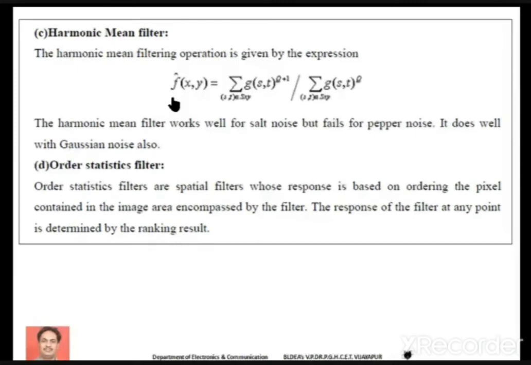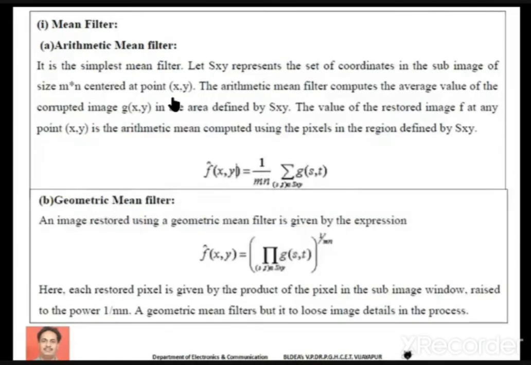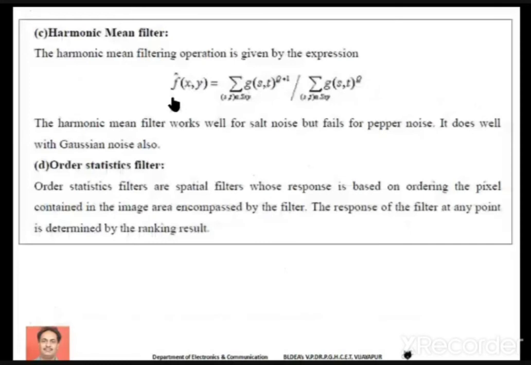So here we have mean filters. There are three types: the arithmetic mean filter, where we take the simple mean, then the geometric mean filter, and the third one is the harmonic mean filter. Apart from these mean filters, we can also make use of order statistic filters for restoring the image when there is only additive noise.